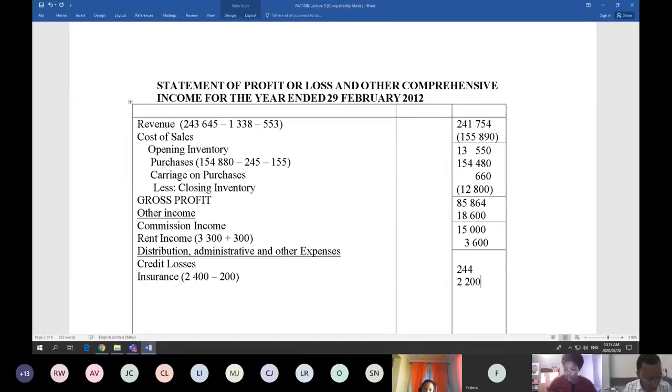My next expense is packing material. Packing material expense, no adjustment, it is still 3,300 Rand.